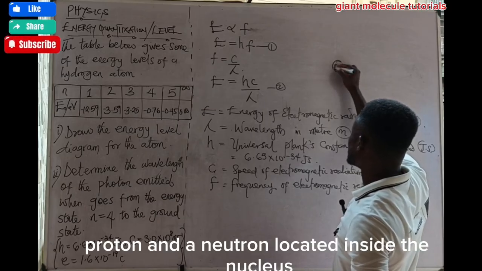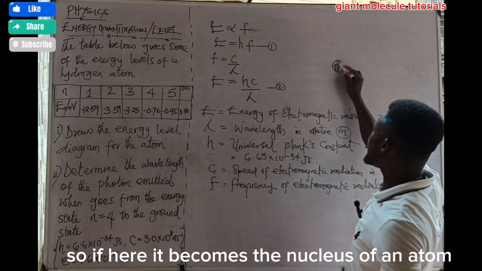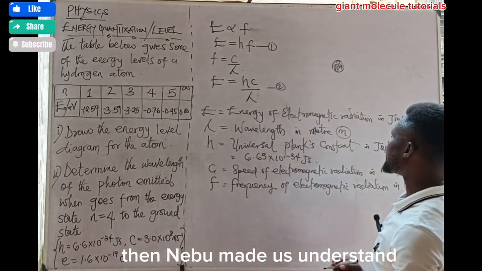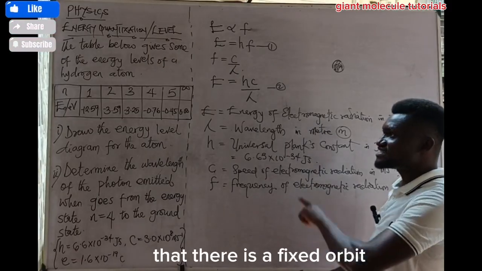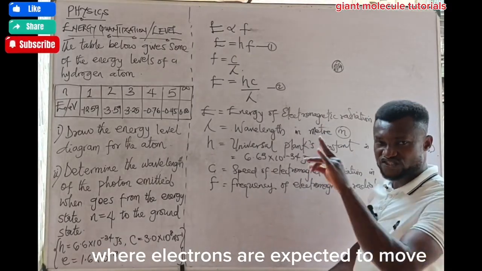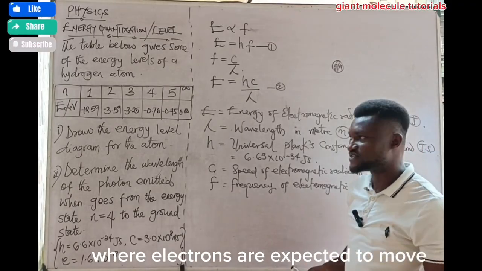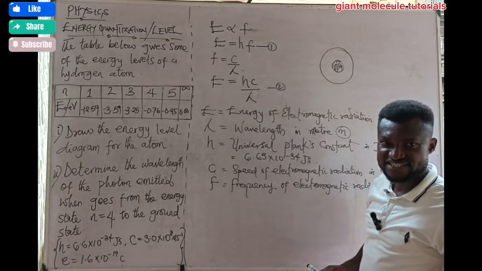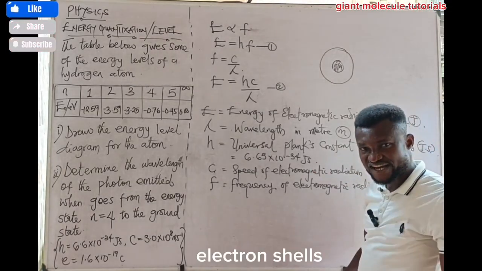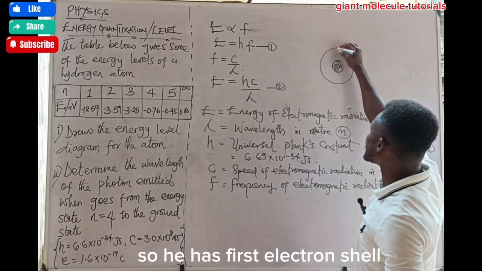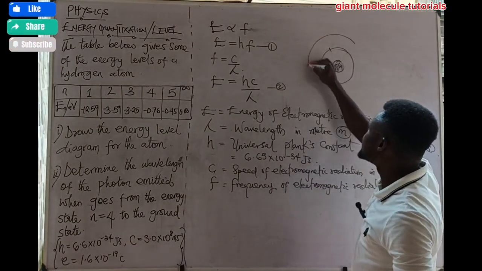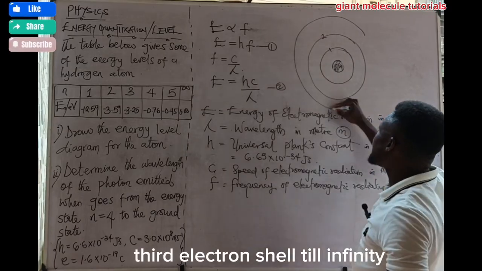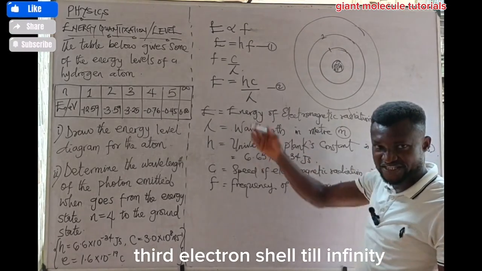If here is the nucleus of an atom, with protons and neutrons located inside the nucleus, then Bohr made us understand that there are fixed orbits where electrons are expected to move. He referred to them as electron shells. So he has the first electron shell, second electron shell, third electron shell, till infinity.